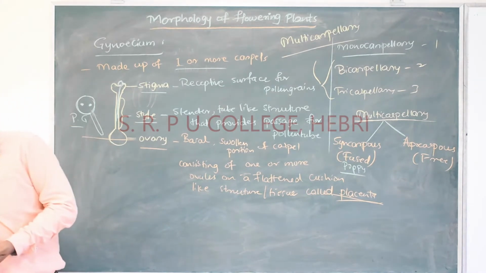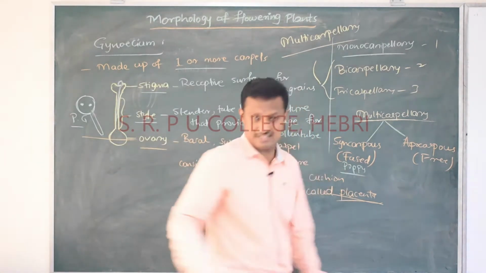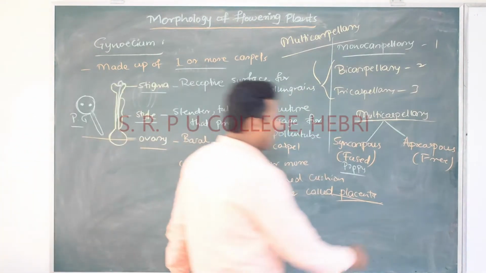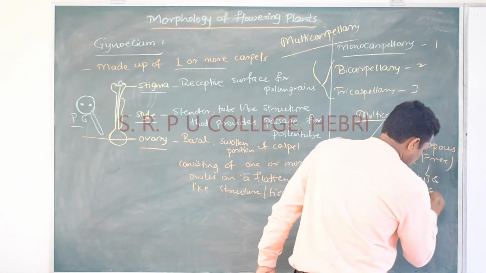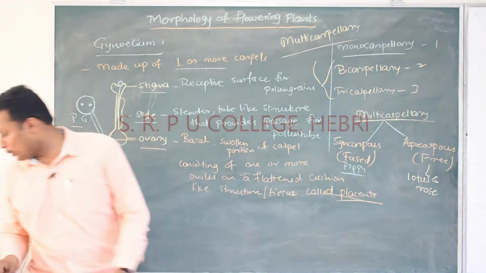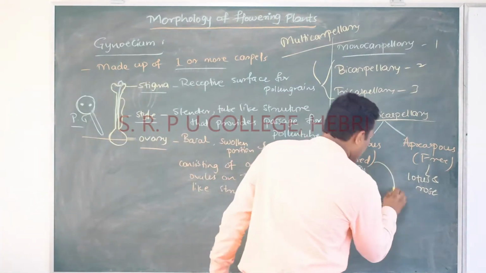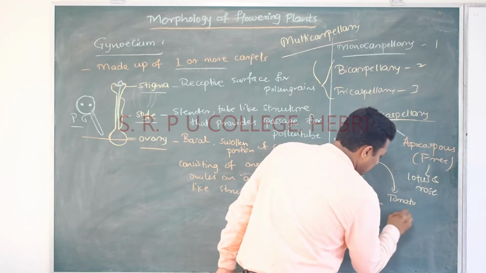Another example for apocarpous is lotus and rose, and for syncarpous you can give the example of tomato and mustard.